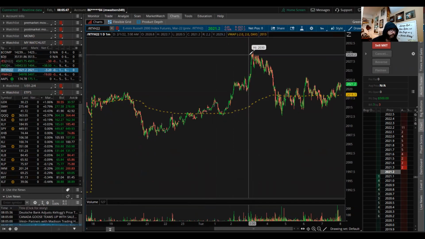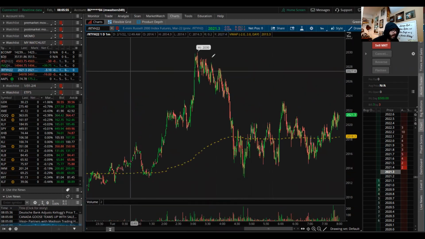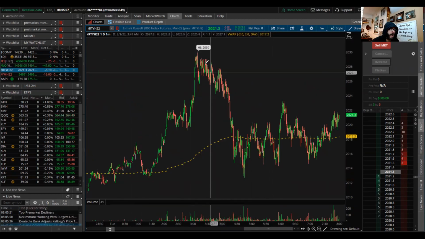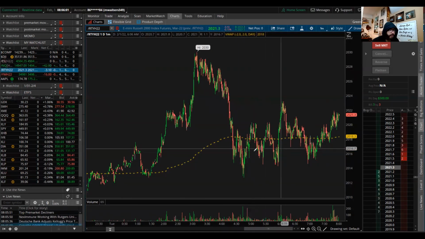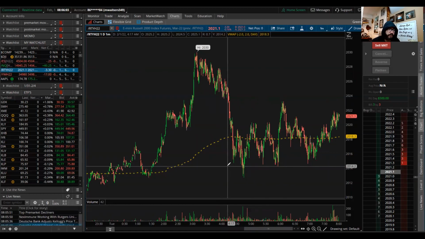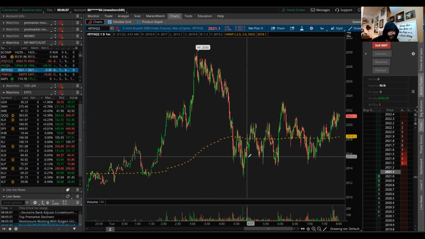They made up for it. We went all the way to 2030. Huge move. Now, what happens at this point is the market has to give the market participants a better price to nibble on. So it sells off a little bit.